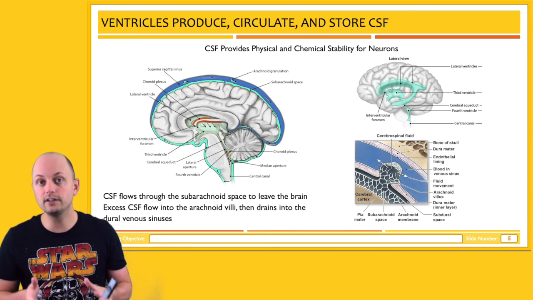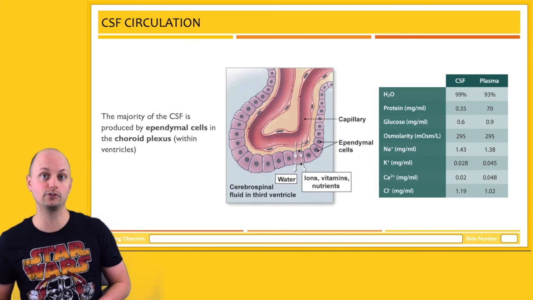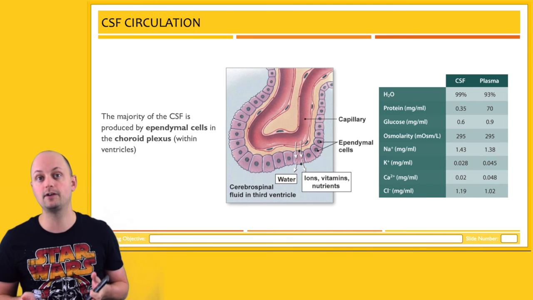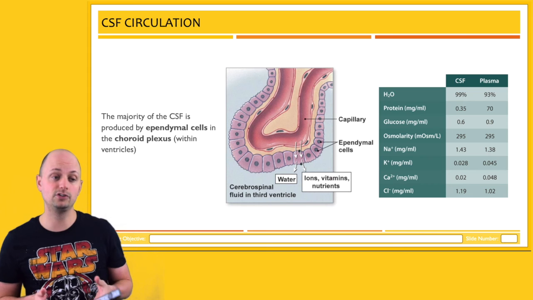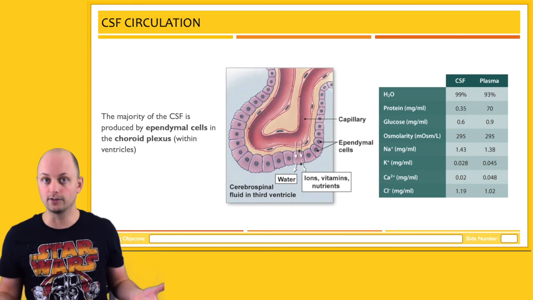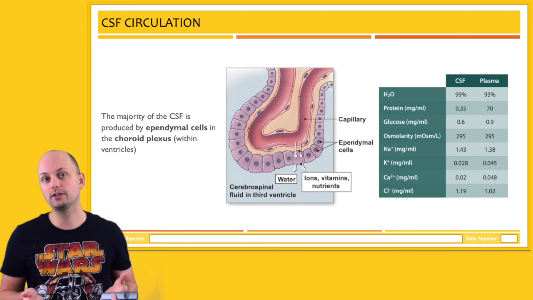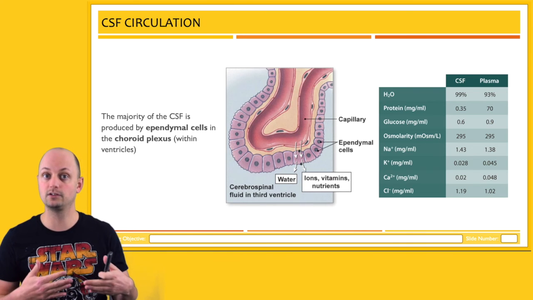Now, about 75% of the CSF is produced inside the ventricles by a specialized type of epithelial cell known as an ependymal cell. The ependymal cells form a tissue that's known as the choroid plexus, and again, that's found inside the ventricles. So from this picture here on the left-hand side, you can see this compartmentalization pretty clearly.